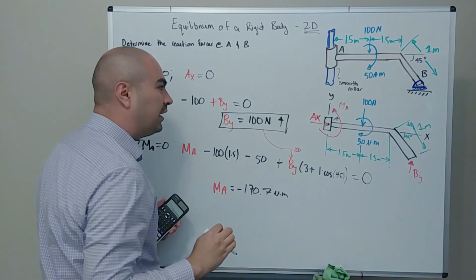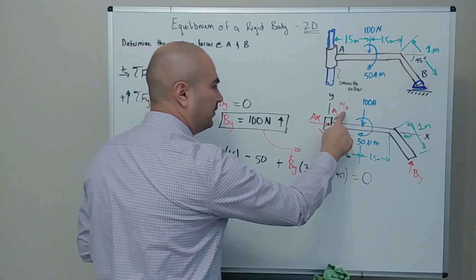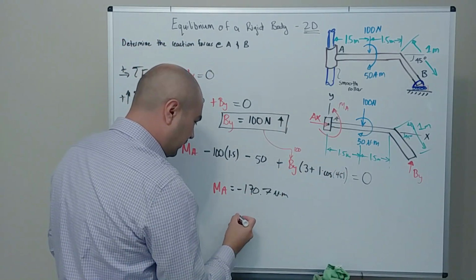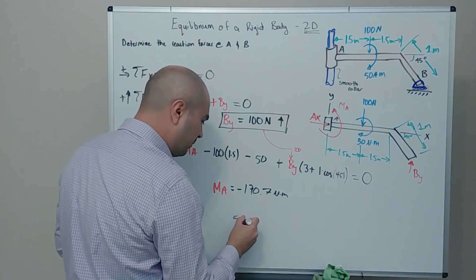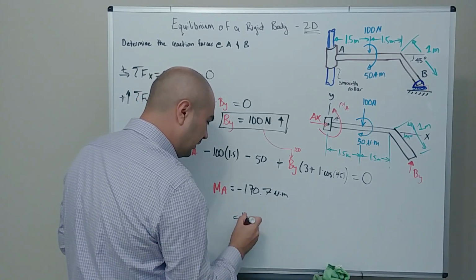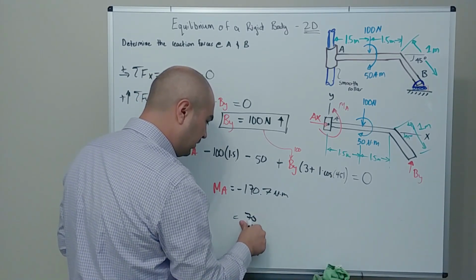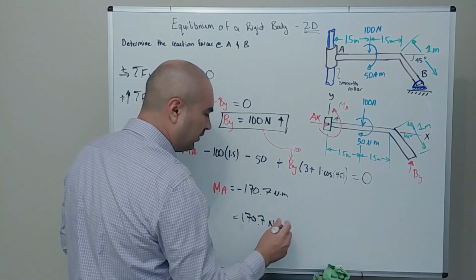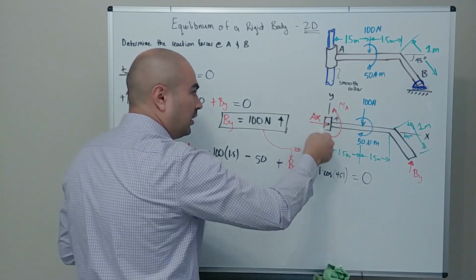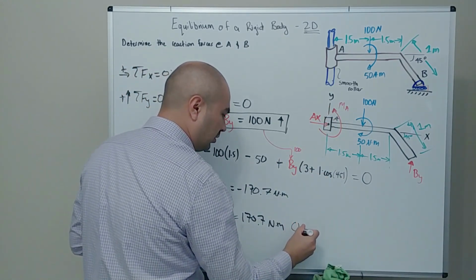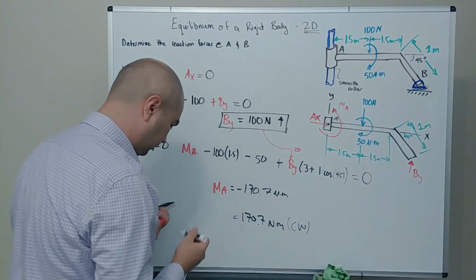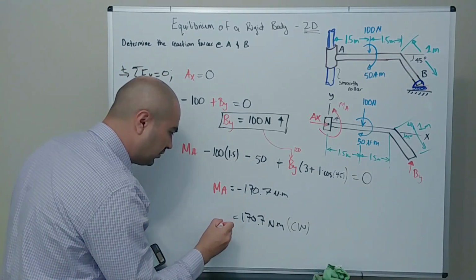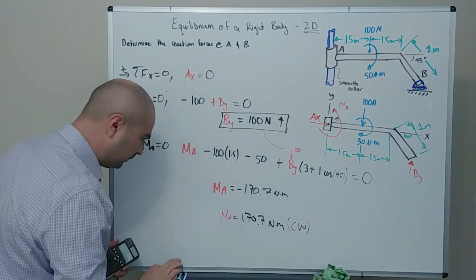This is telling me negative, so it's telling me nope, that direction should be opposite. So that reaction moment at A is 107.7 Newton meters, again not counterclockwise, but clockwise. This is our reaction moment at A.